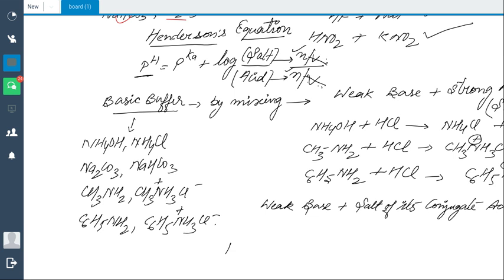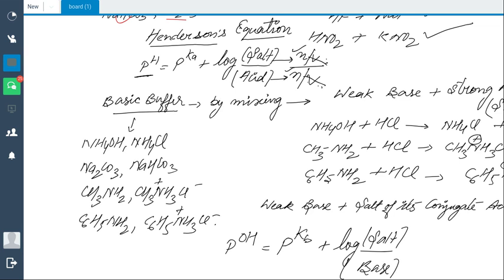And in this case, the equation will be pOH is equal to pKb plus log of concentration of salt by concentration of base. Is it understood by everybody?